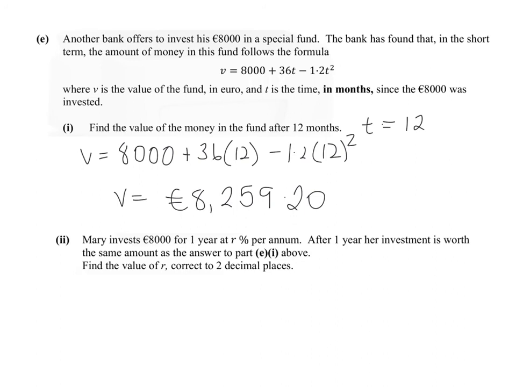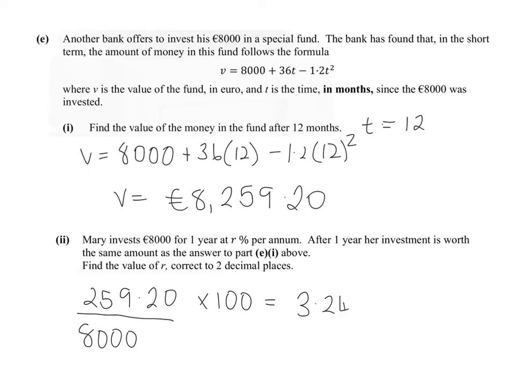So what you're going to do here is take the amount they earn on the investment, 259.20, divide that by 8,000, and multiply by 100 because you want the percentage. And that's going to give you 3.24%. So that's how much the interest rate has to be in order for Mary's investment of 8,000 to have the same value as the above amount.